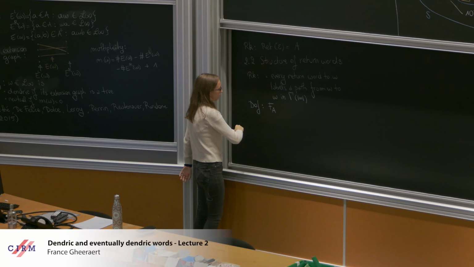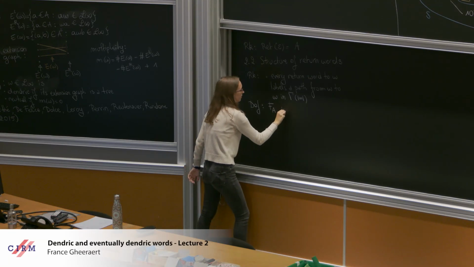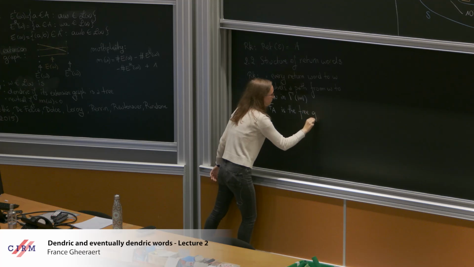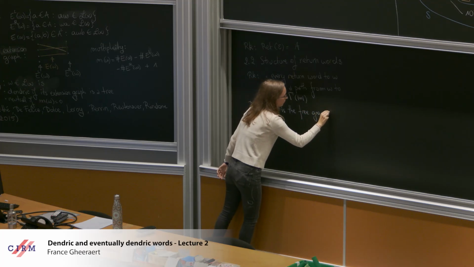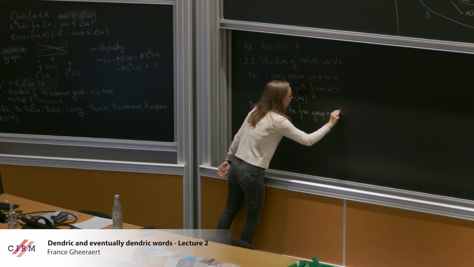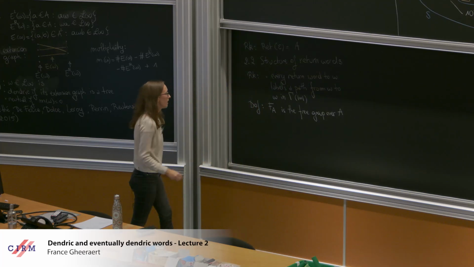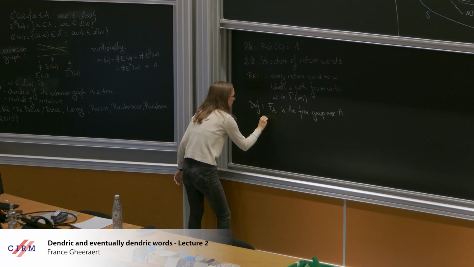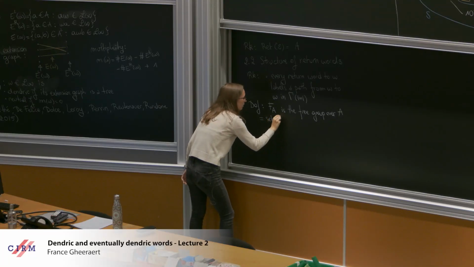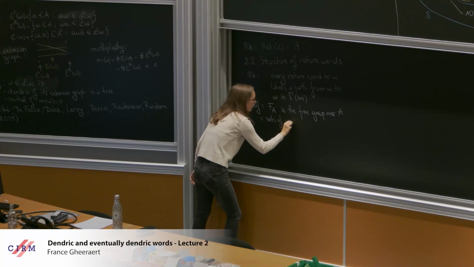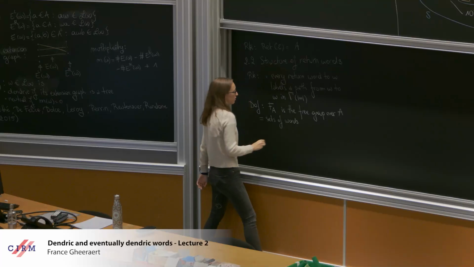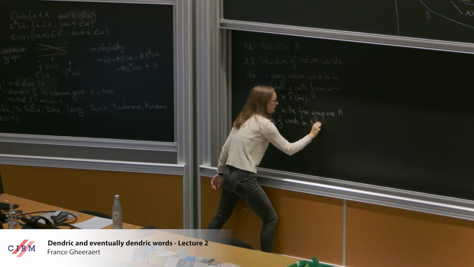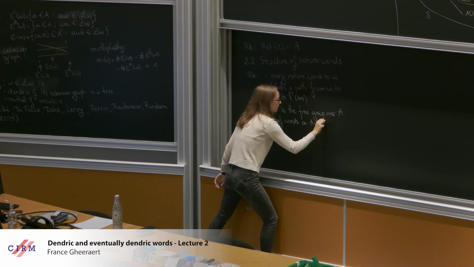FA is the free group over A. And you should see it as the words on the alphabet A and A minus 1.